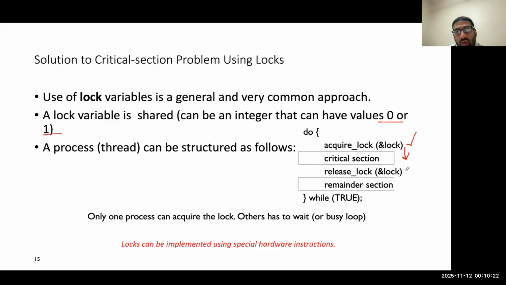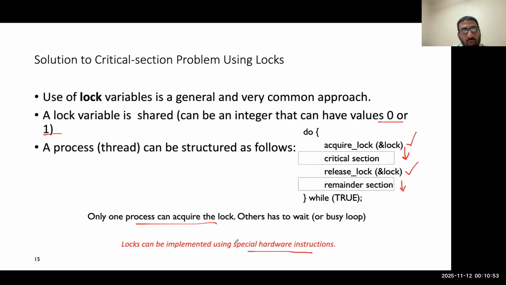And once you are done executing the critical section, you need to release the lock, and after that you execute the remainder section of your program. By remainder section, we mean the part of the code which doesn't access any shared variables, right? So here we are assuming that only one process can acquire a lock, and other processes must wait in a busy loop.